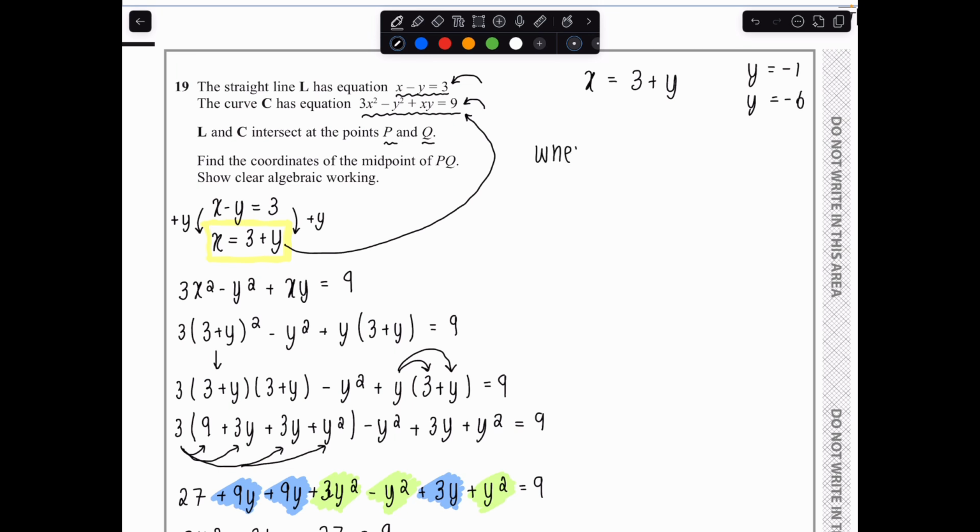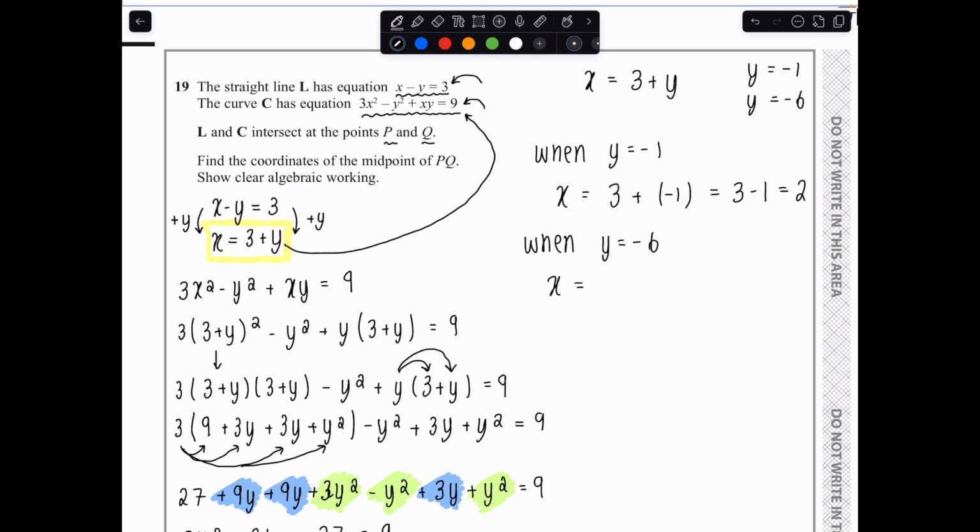So when y is equal to minus 1, what is x equal to? X is equal to 3 plus negative 1, which is the same as 3 minus 1, which is equal to 2. Now, what about when y is equal to negative 6?